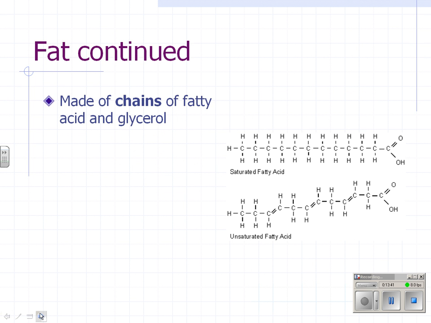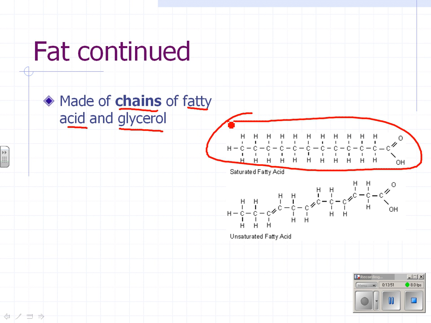Fats are made of chains. Theme is chains. Something called fatty acid and glycerol. This over here just shows what a fatty acid looks like. Fatty acids are also known as hydrocarbons. We use the same word when we talk about gasoline as a hydrocarbon.